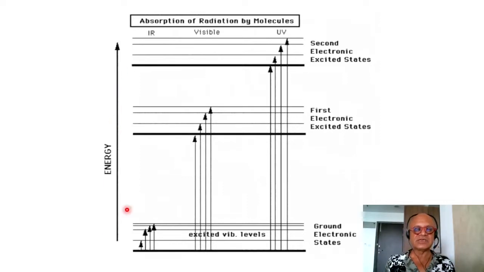As the energy increases, you can have the electronic states of any particular atom or molecule at ground state, and you have excited vibrational levels. And if you bombard it with photons of energy, either coming from the sun or going out from the Earth's surface back towards space, then you can move that atom into a first electronic excited state.